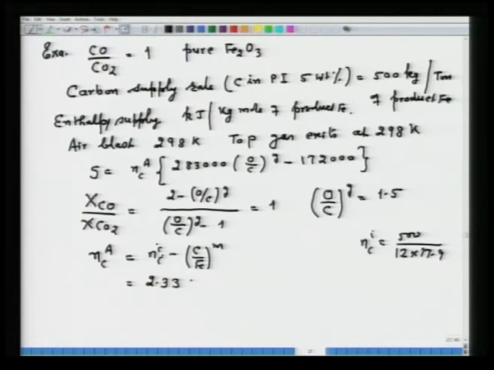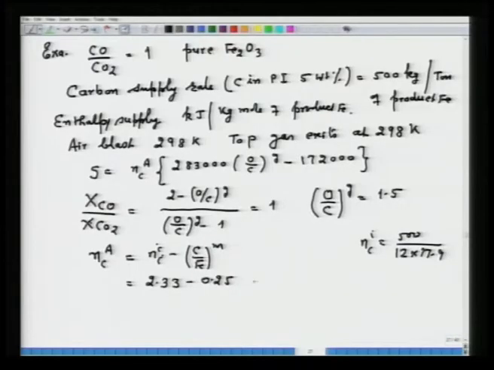And C by Fe will become minus 0.25, because carbon is 5%, and for 5% carbon you have 53 kg as carbon, because 1000 kg is the pure iron. So, 53 kg becomes the carbon in iron. 53 by 12 by 17.9 gives you 0.25. So, NCA is equal to 2.08.